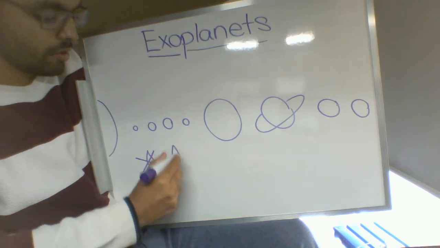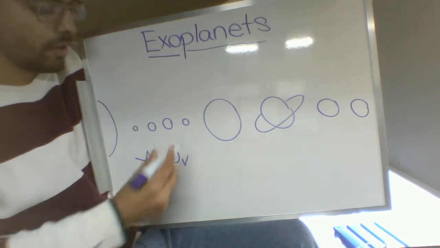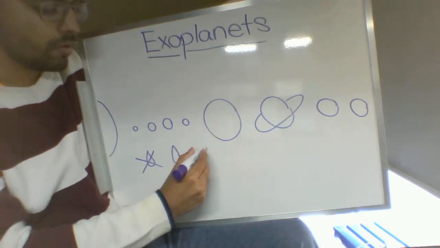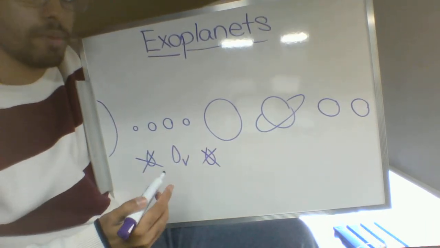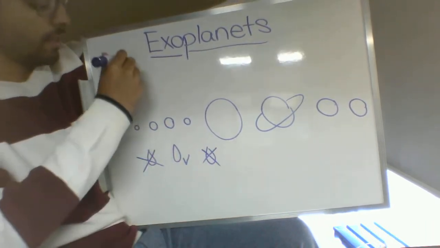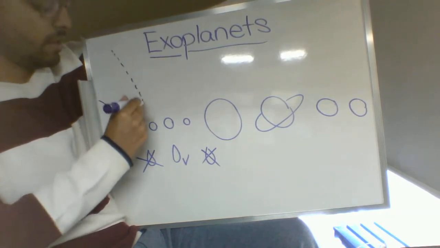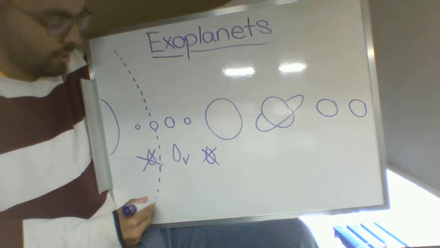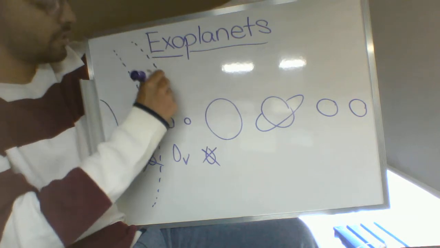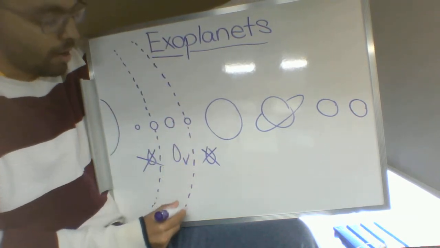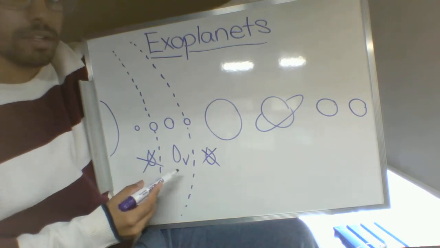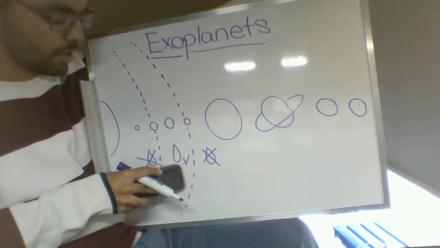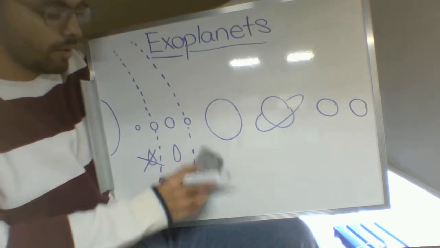Earth, we've got liquid water, great. Mars onwards, no liquid water, no life. All right, so basically that's telling us that somewhere in this region, in between Venus and Mars, there's this magical region where you get liquid water.